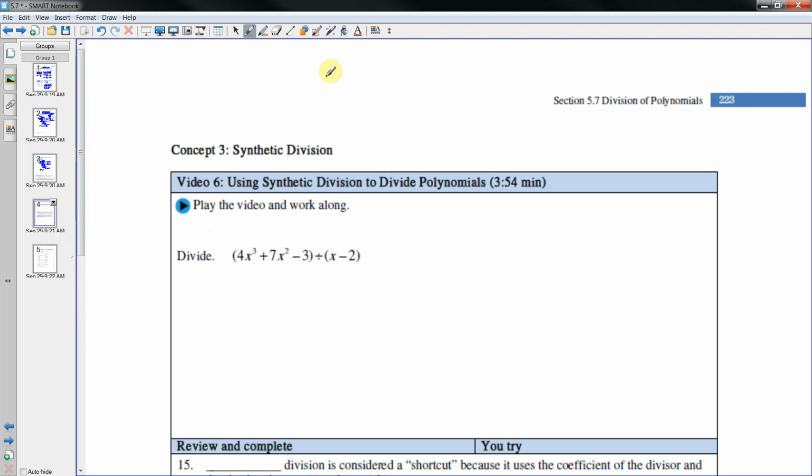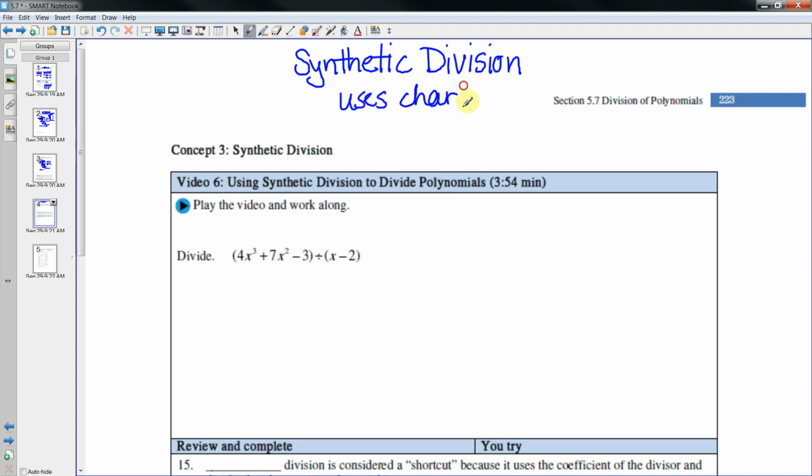Alright, so here's some things about synthetic division. Some of you may remember doing this if you ever had an algebra class in high school. You may have done synthetic division. So synthetic division uses a chart. And in the chart, you use coefficients.